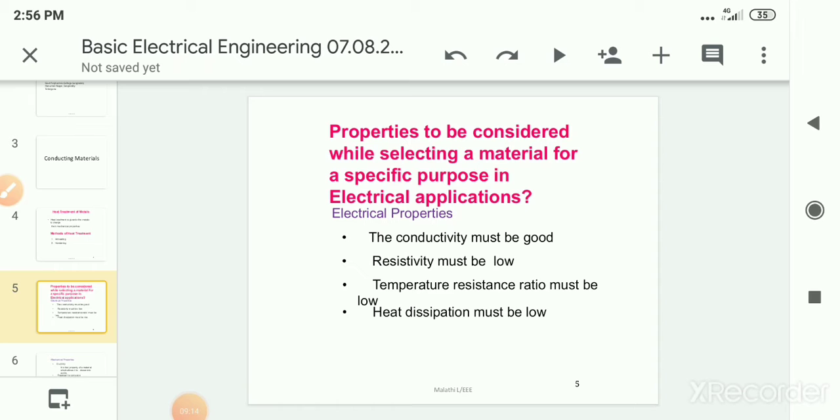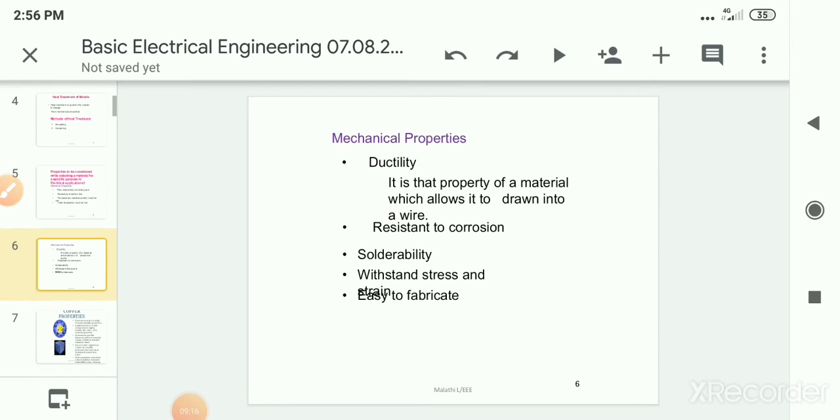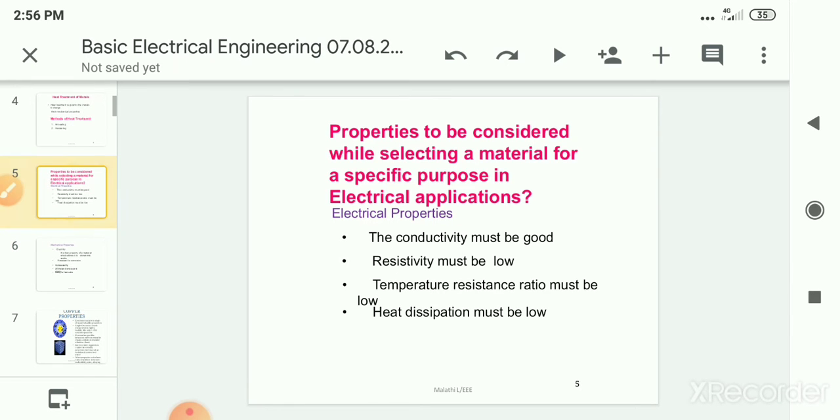And it should withstand high temperature for a long time without oxidation, and the material should possess good insulating properties to prevent the flow of any leakage currents. If it has joints, the joint should have minimum contact resistance, so that it is accessible for soldering and welding purposes.